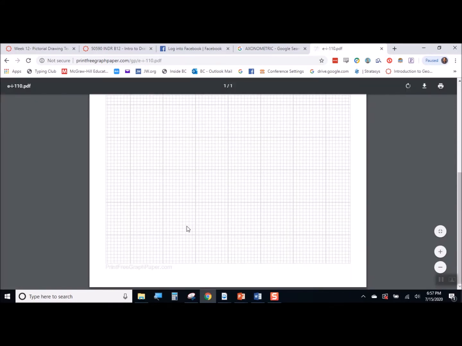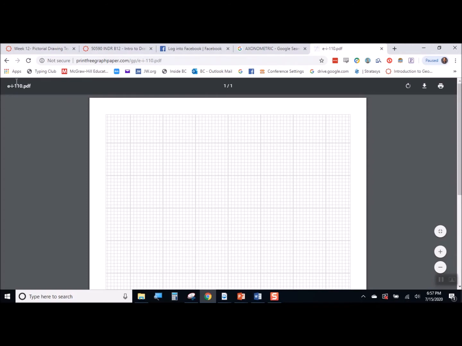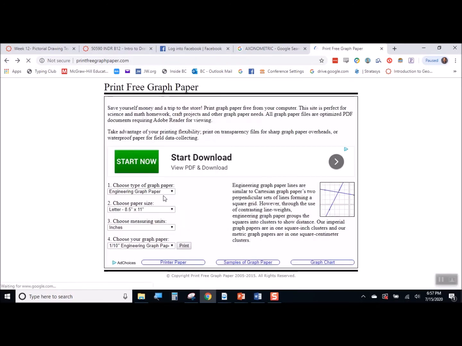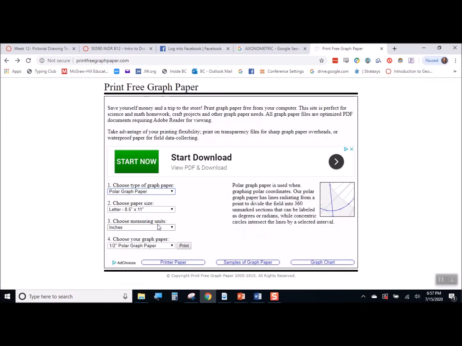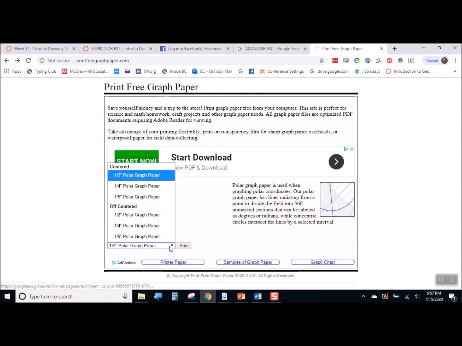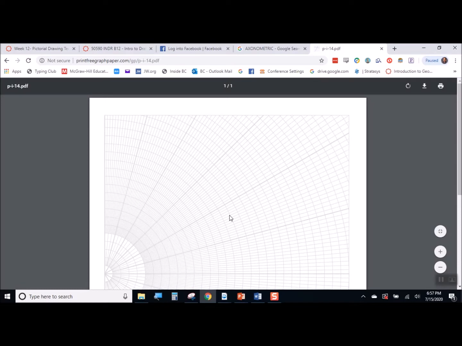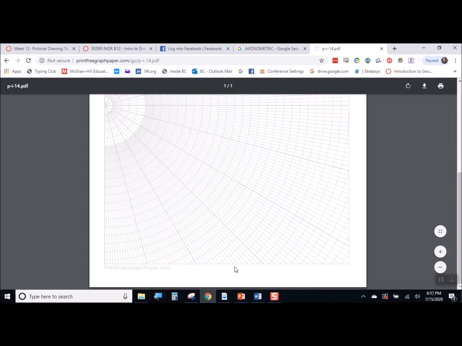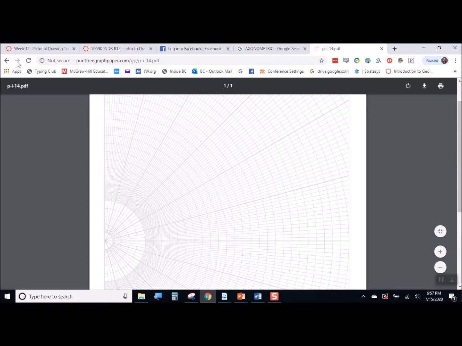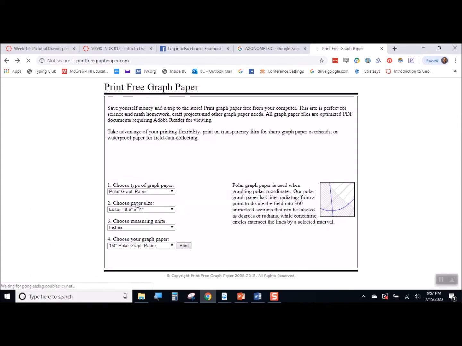There we go. That looks more like what I was expecting. Polar graph paper. You ever hear of polar graph paper? I hadn't. There's some crazy graph paper on here. Don't know what I would use this for, but it looks cool. I have to say, I'm impressed.